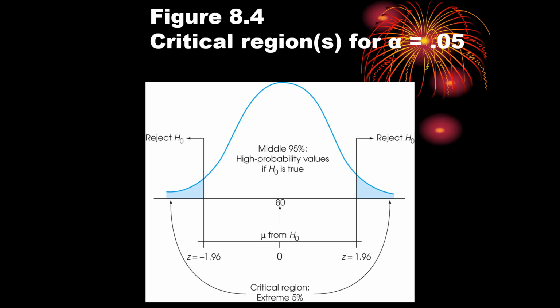We have 2.5% on the lower end, we have 2.5% on the upper end, and the z-score that represents 2.5% of the lower and upper half of a distribution is 1.96. So let me quickly keep going and tie all of this together. If we were to take a sample mean and subtract the population mean from it as it relates to anxiety scores, and then divide by a standard error of the mean, right, to get a z-score.